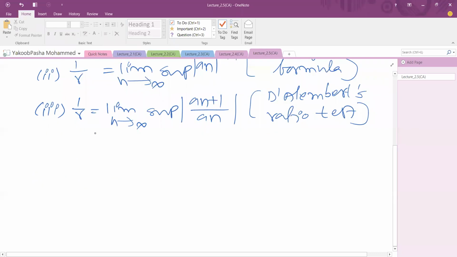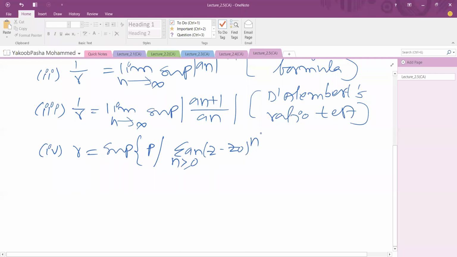Yes, sir. Take the radius of convergence R equal to the supremum of the set of ρ where the sum over n greater than or equal to 0 of a_n (z - z_0)^n converges. Of course, it converges absolutely also, I am not mentioning that here.